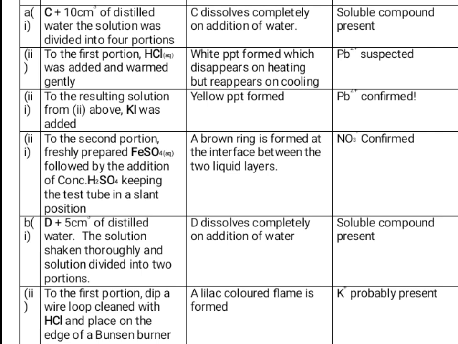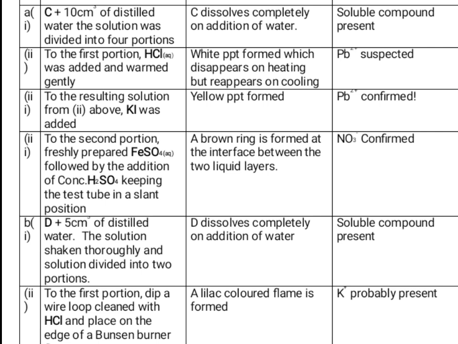Now the third test here will be to add potassium iodide to the resulting solution obtained from the first step. When you add potassium iodide to the resulting solution, the observation will be a yellow precipitate.